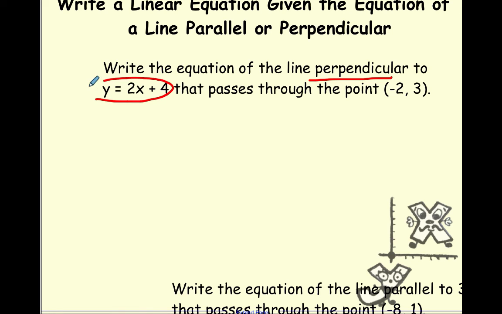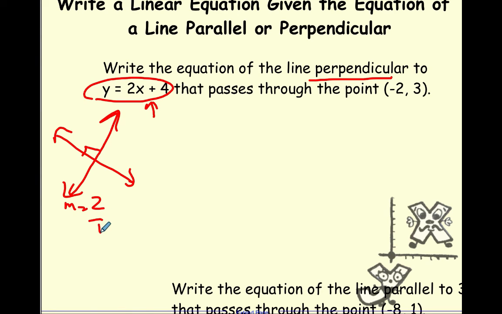This time we do have it in slope-intercept form. So we know that this line, y equals 2x plus 4, is going to look like this when we graph it. And the line that's perpendicular to it has to have a negative slope, but remember, they're reciprocals of each other. So if my original line has a slope of 2 over 1, then my perpendicular line has to have a reciprocal, meaning flip the numbers, and then the opposite of that would be negative 1/2.